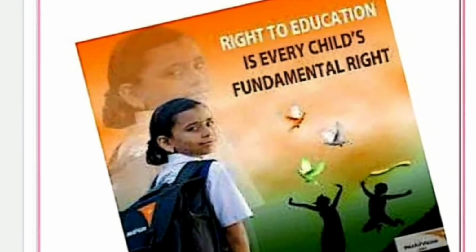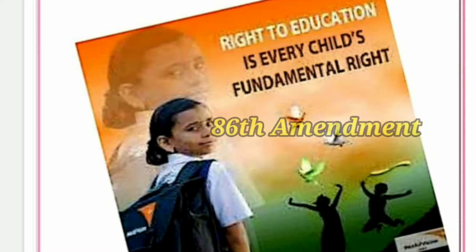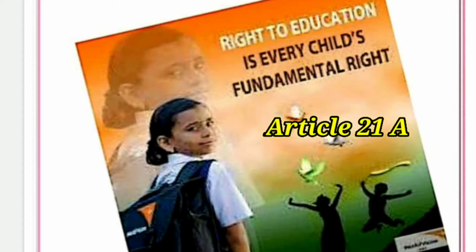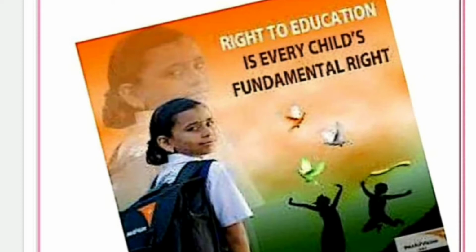One more fundamental right has been added in the list of fundamental rights, and that one is right to education. In December 2002, our Parliament passed the 86th Amendment and Article 21A has been entered in the chapter of fundamental rights.